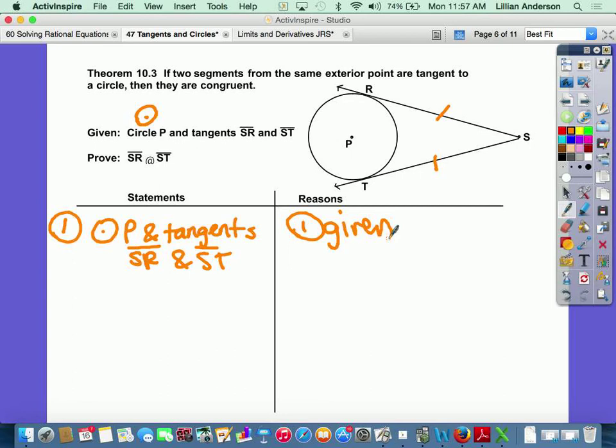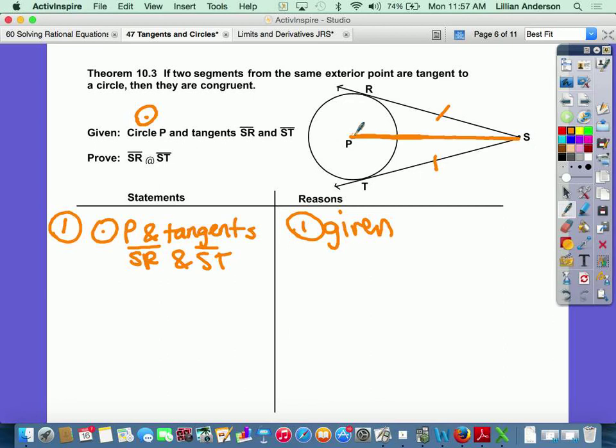And remember, when we're trying to prove a theorem, we can't use the theorem anywhere in our proof. Okay? So, does everyone's picture have a line from P to S? Okay. Well, since we already have P to S, could we possibly draw in some more segments?